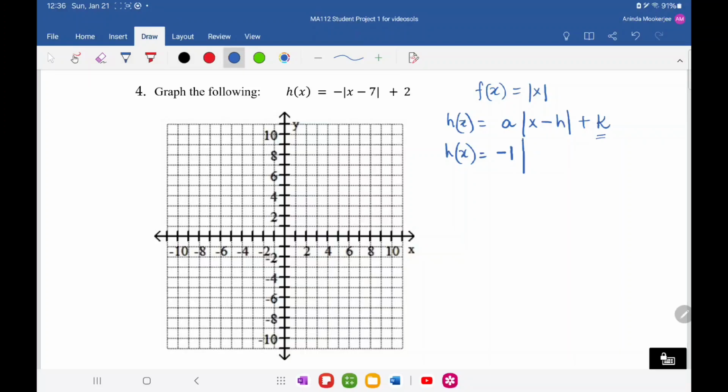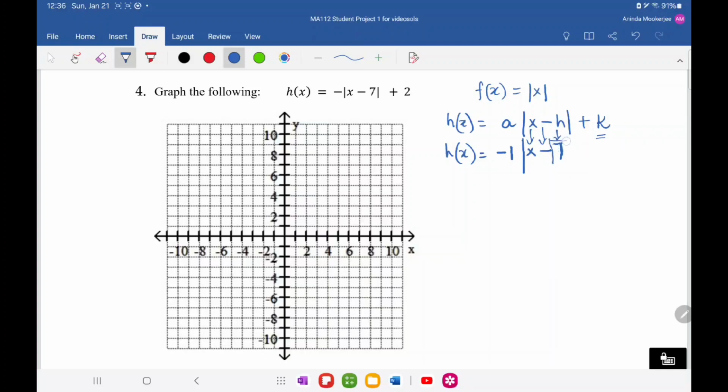And then the absolute value notation, x minus, and then there's a 7. So this x is aligned, this minus is aligned, and we have a... no, not a 1, I'm sorry, it's 7. Sorry, we have 7 for h.